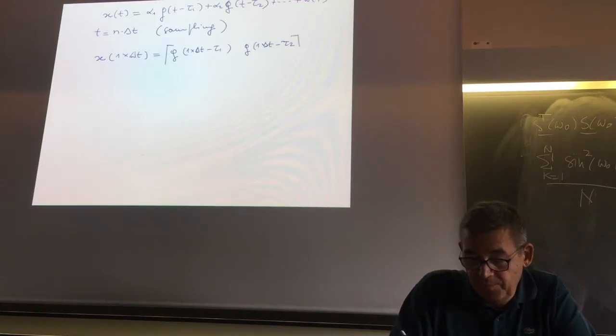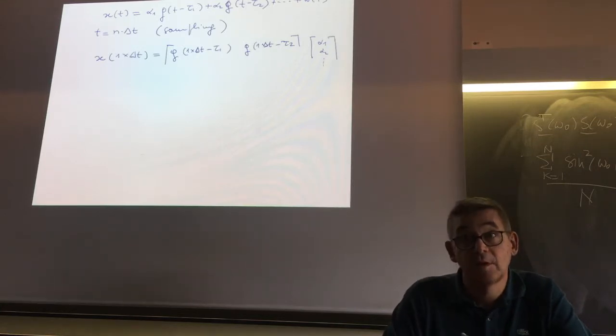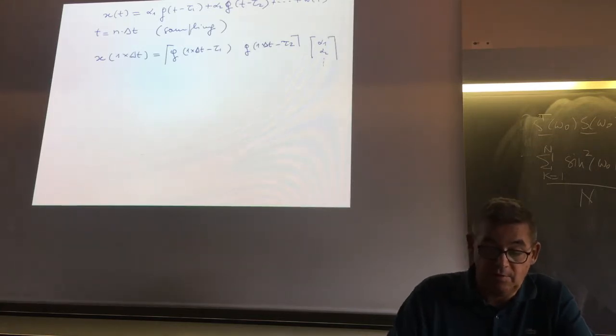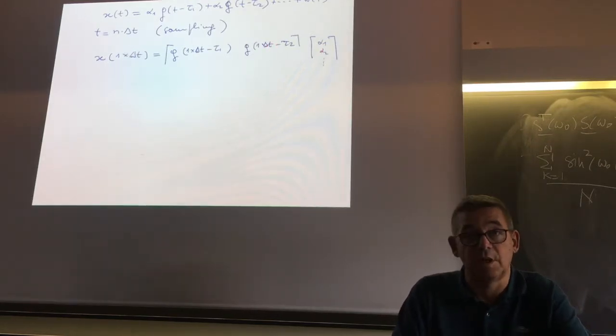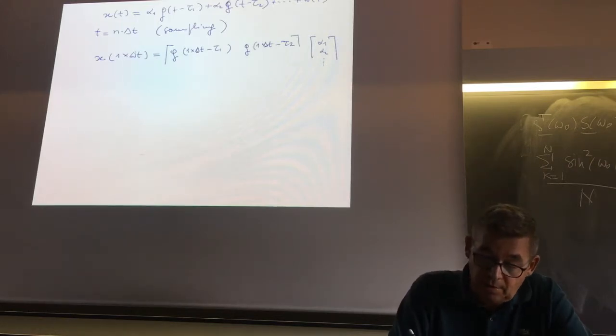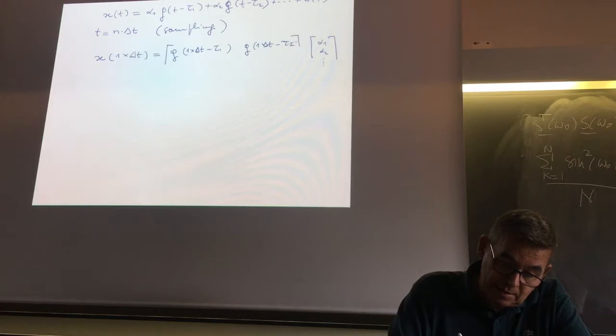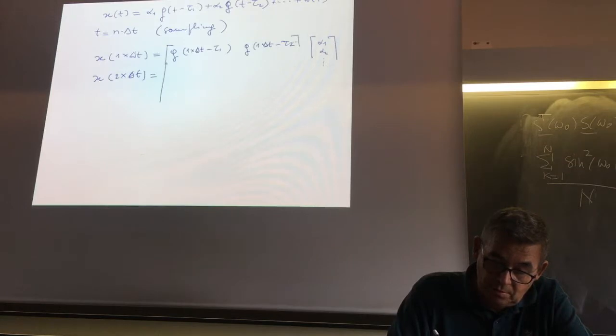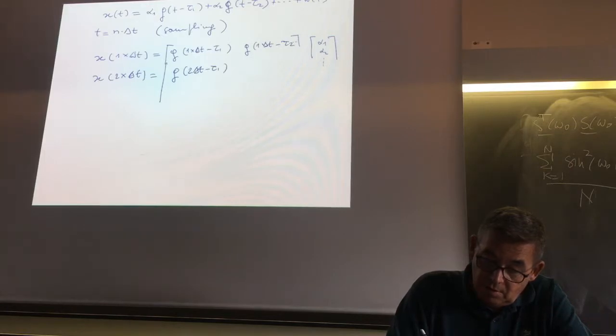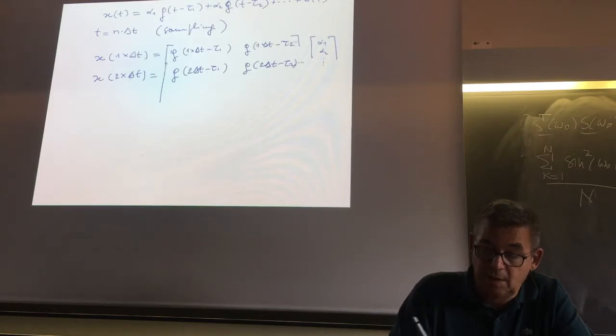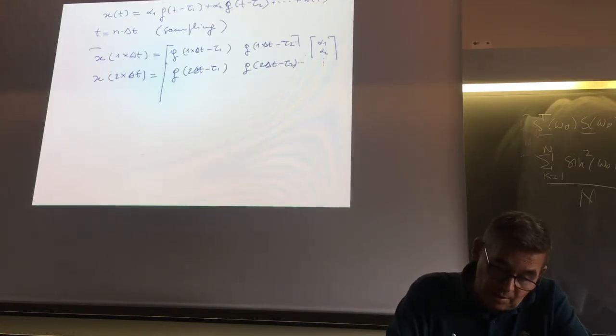Then many others multiplied by alpha 1, alpha 2, and so forth. So x1 is equal to g1 alpha 1 plus g2 alpha 2 plus all the others. So I continue this way. So I make x of 2 times delta t equal to g(2 delta t minus tau 1), g(2 delta t minus tau 2), all the others, and the same. So keep on doing this way.